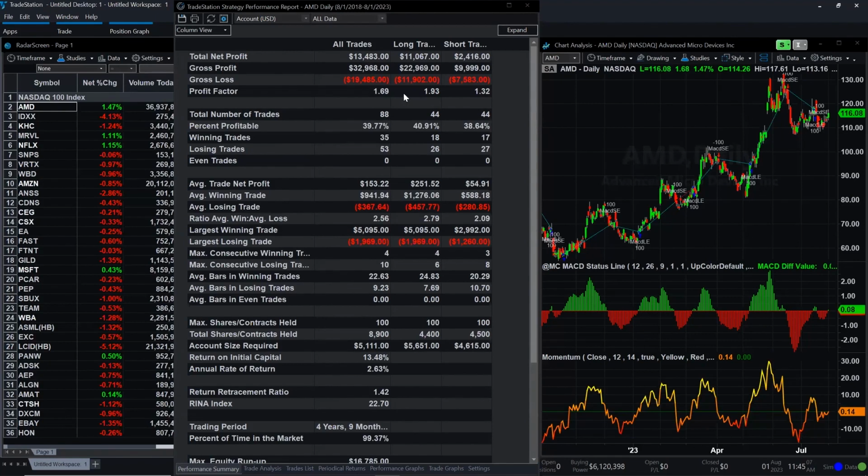Now, of course, this is not to say that the strategy will continue to be profitable if you trade it going forward, but in the past 5 years, we have a good report. Percent profitable, 39%, doesn't seem like it's high. However, remember that MACD is a trend following strategy, so you would expect profitability to be lower than 50%. The majority of the trades were losing trades.